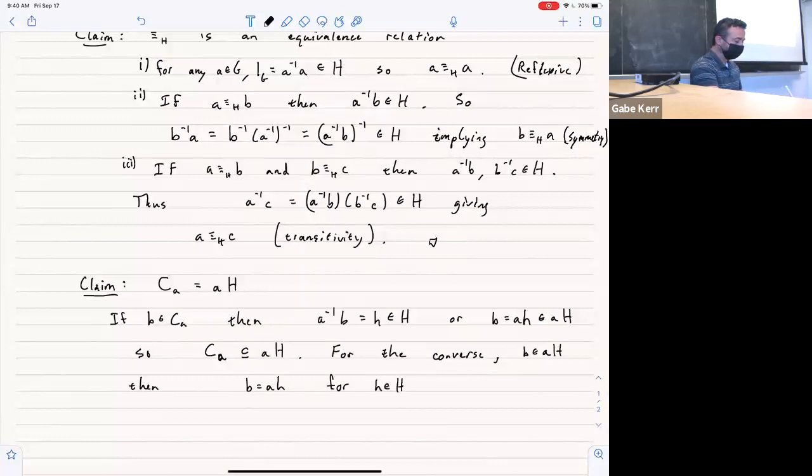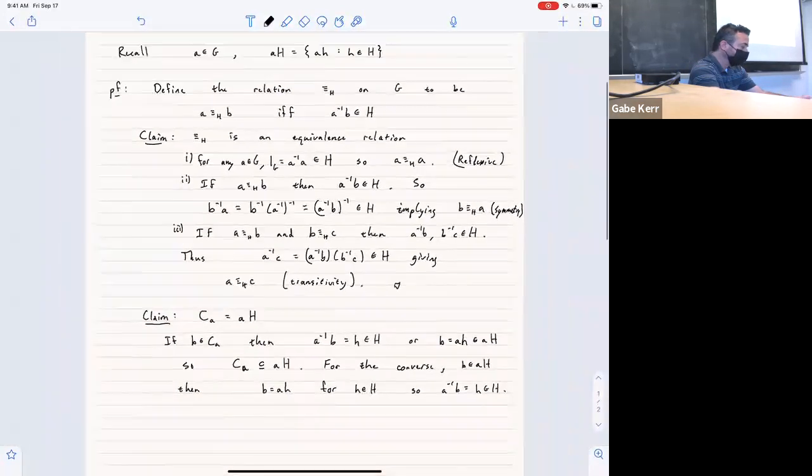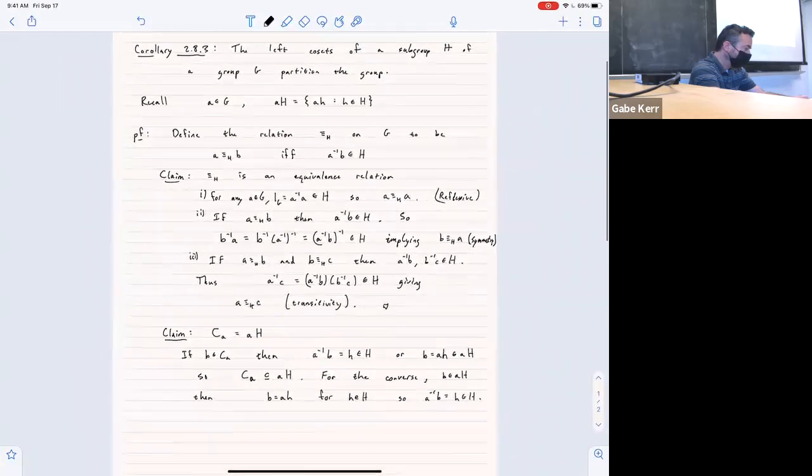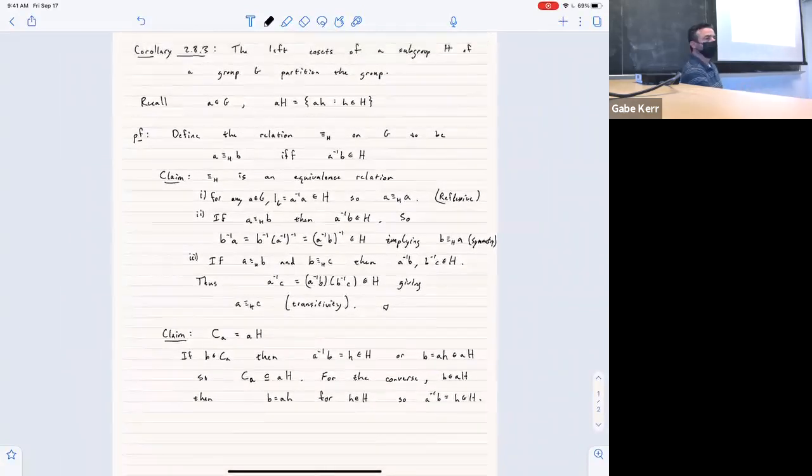And then we can just multiply by A inverse. Okay. So indeed, the cosets are the equivalence classes, and that establishes this corollary, that the left cosets partition the group.